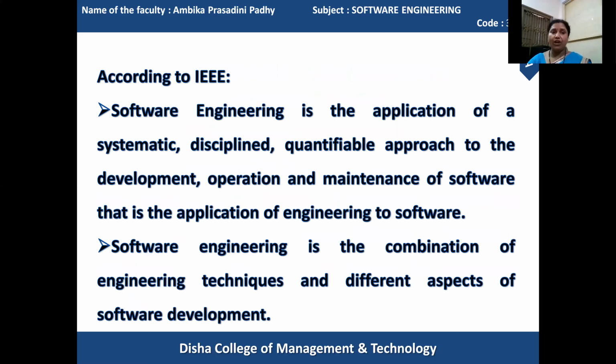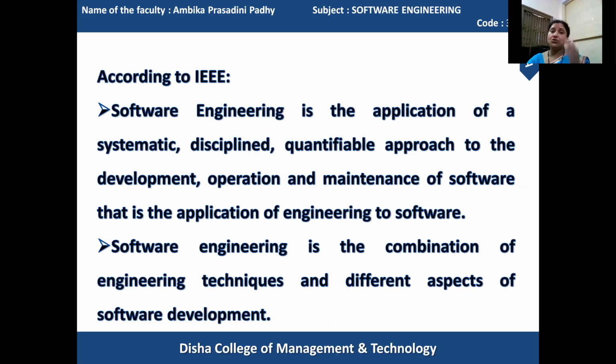Come to a definition of software engineering. Software engineering is the application of systematic discipline, quantifiable approach to the development, operation, and maintenance of software. That is the application of engineering to software. The engineering techniques are used for development, and development is highly required by the users in order to create a software.